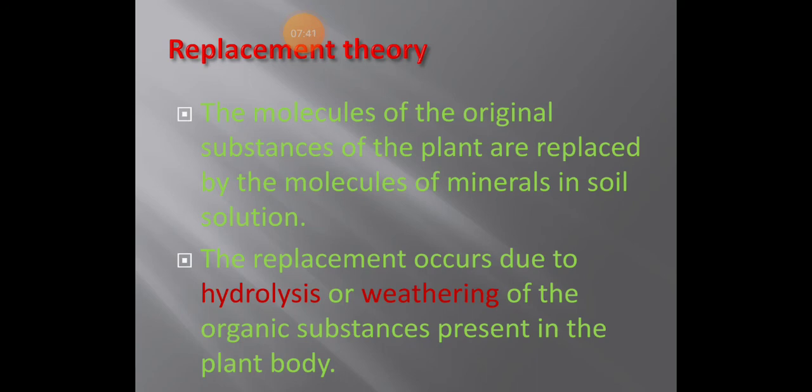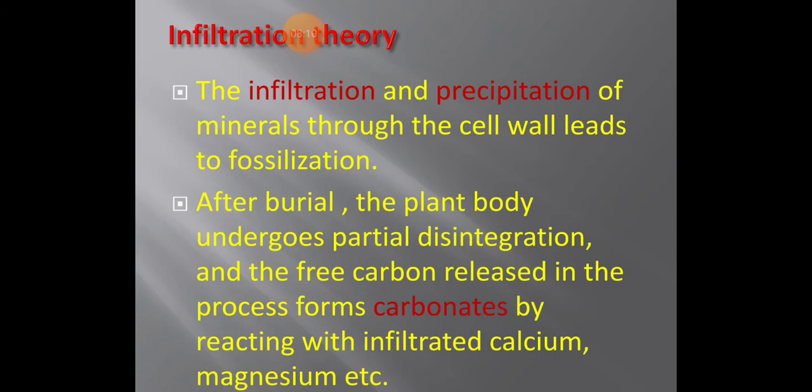That means in this type of fossilization, the plant material inside the tissues is accumulated with minerals, and the plant part looks the same, but the tissue is replaced with the mineral content. Okay, and sometimes replacement occurs due to hydrolysis or the weathering process. These organic substances will be occurring in that process.